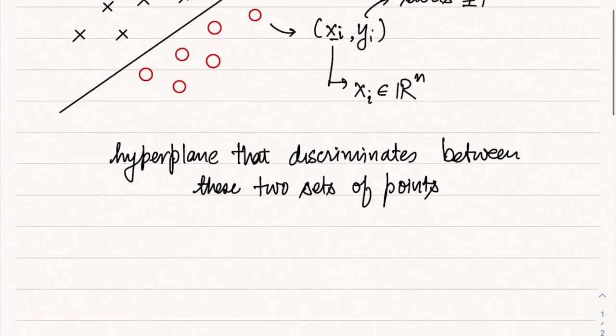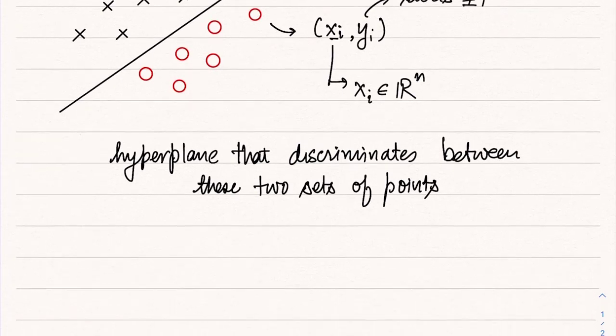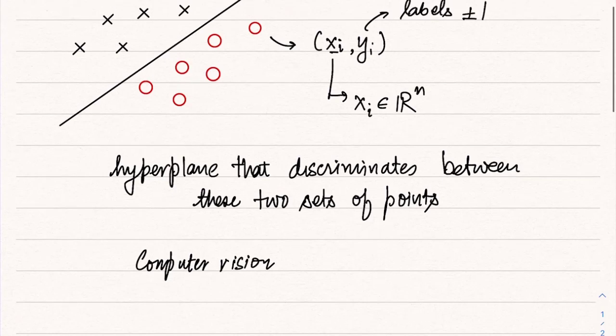Now, these kinds of problems are very common in a lot of areas. For example, in computer vision, we have images. So these xi's are images in that case, and yi's could be labels of what the content of the image is, for example, whether it is that of a cat or a dog. Our goal could be to design an algorithm that classifies whether that image corresponds to a cat or a dog.